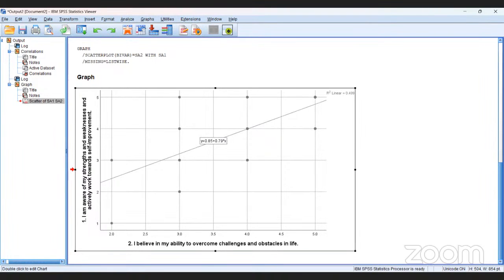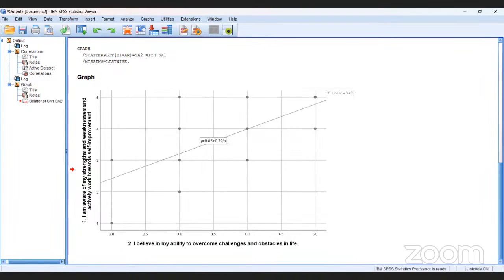Since it is highly correlated, you have noted that it is a straight line, and 49% variance it accounted.